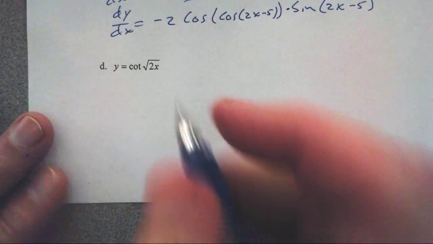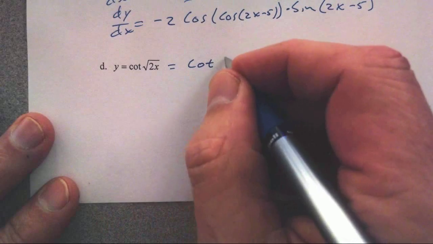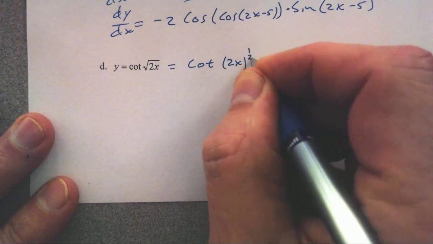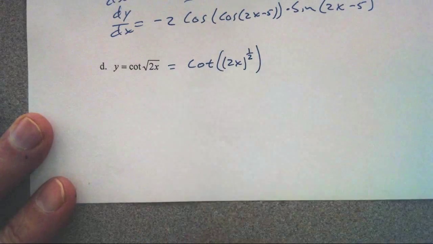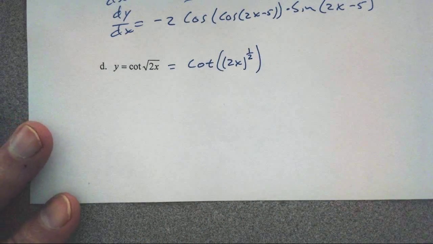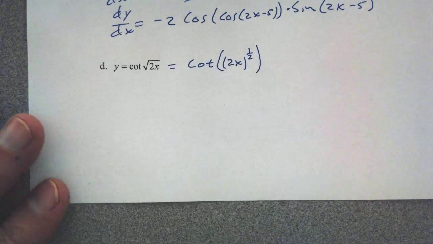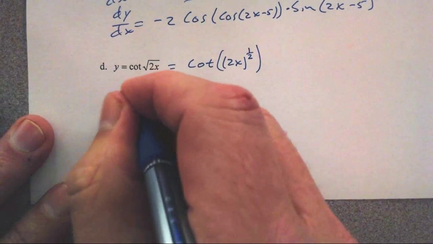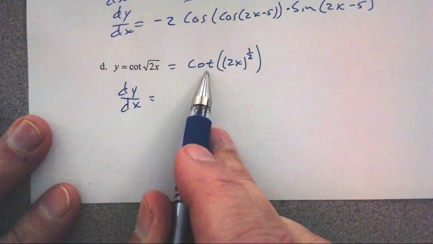All right. Might want to look at this as cotangent of 2x to the 1/2, but that 1/2 is only acting on 2x, so it's not cotangent of something to the 1/2. And now that makes it clear that our most outside function is cotangent.